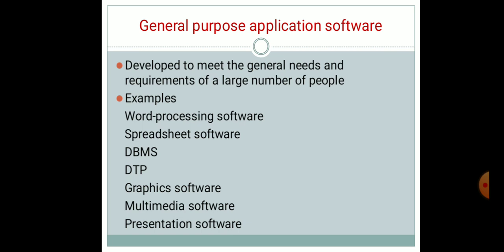So examples of general purpose application softwares are word processing software, spreadsheet software, DBMS, DTP, graphics software, multimedia software and presentation software. Let us see these softwares in detail.